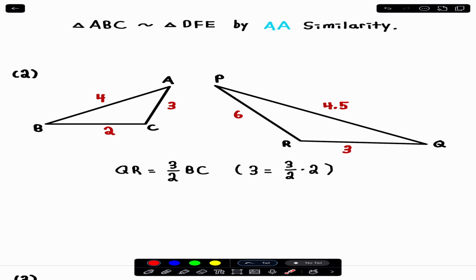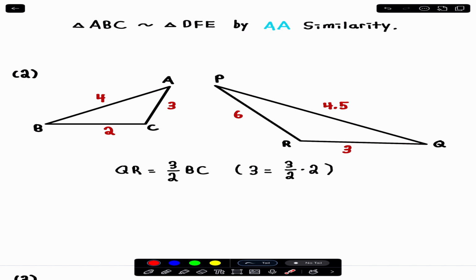Is 6 equal to 4 times 3 over 2? You can get out your calculator, but you'll find out it actually is. And now, last but not least, is 4.5 equal to 3 times 3 over 2? Again, you'll find it actually is.